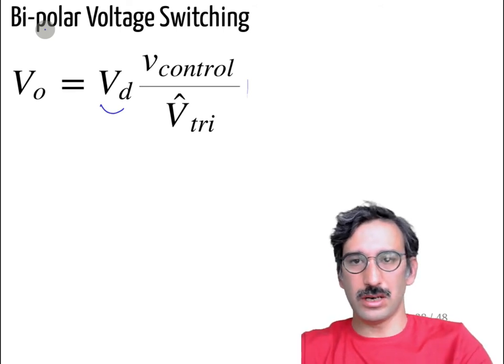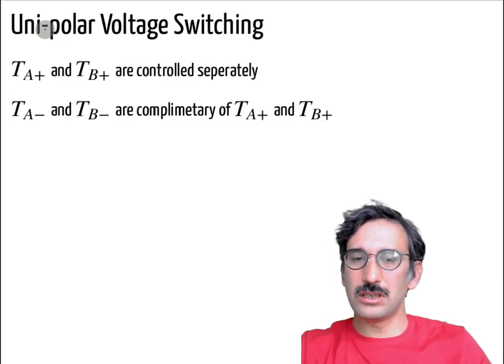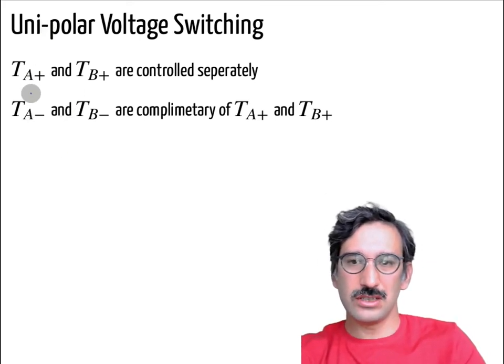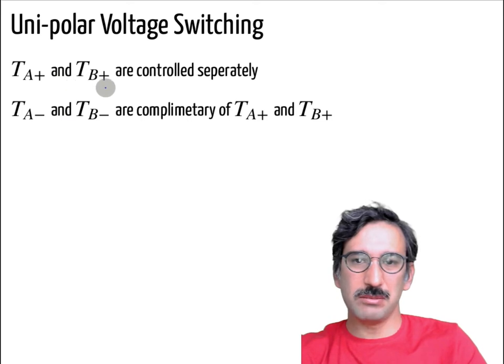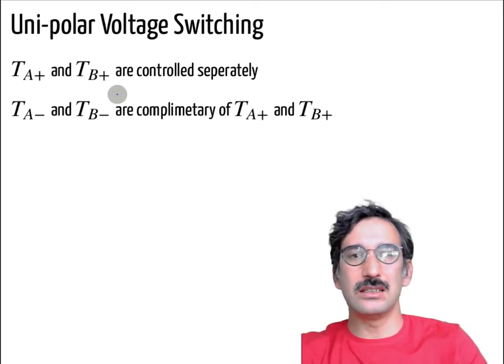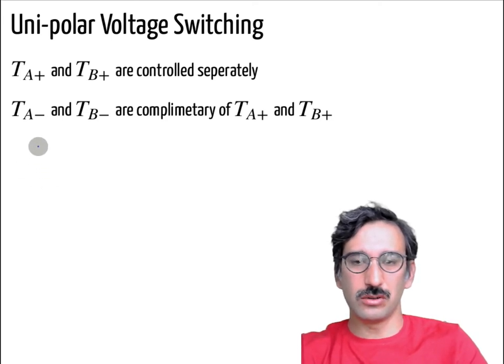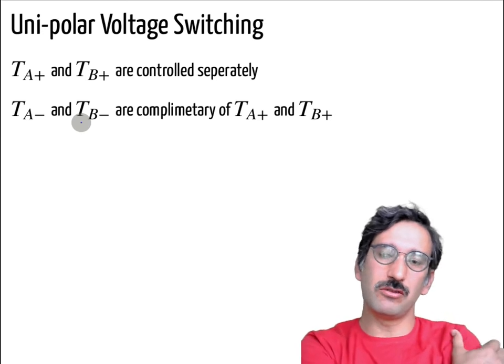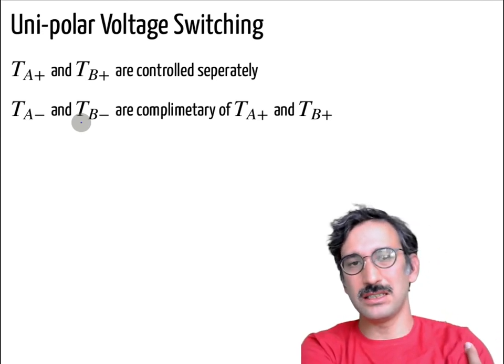Then you have the unipolar voltage switching, and in unipolar voltage switching, TA plus and TB plus are controlled separately. You can have different voltage ratios for those, but TA minus and TB minus are complementary of TA plus and TB plus.